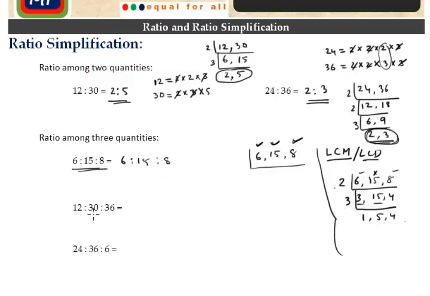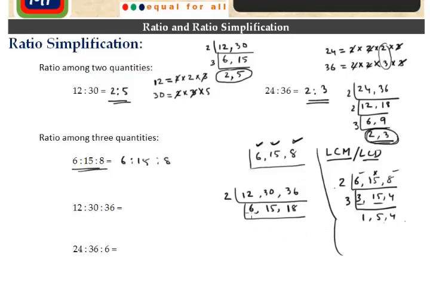So let us see this one, 12, 30 and 36. We can see all the numbers are even, so we can take 2 common. So it will become 6, 15, 18, that is 12 divided by 2 is 6, 30 divided by 2 is 15, 36 divided by 2 is 18.